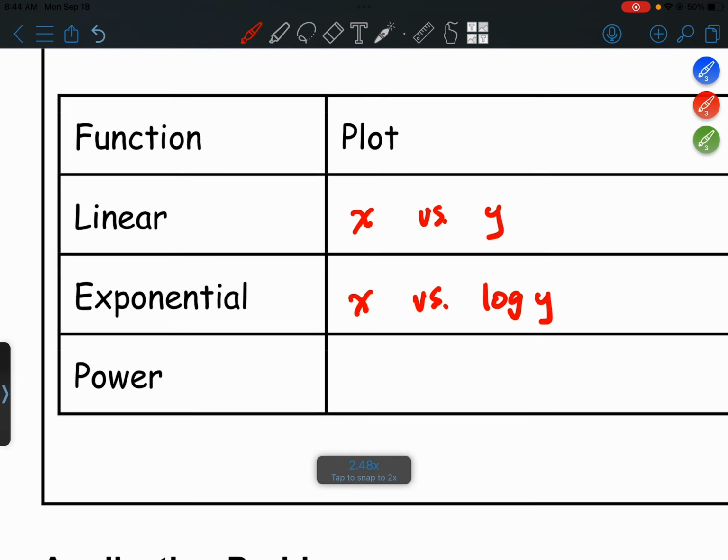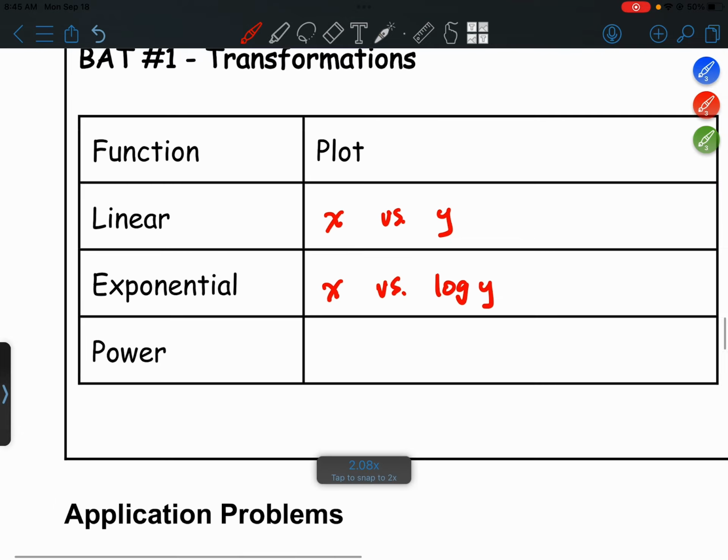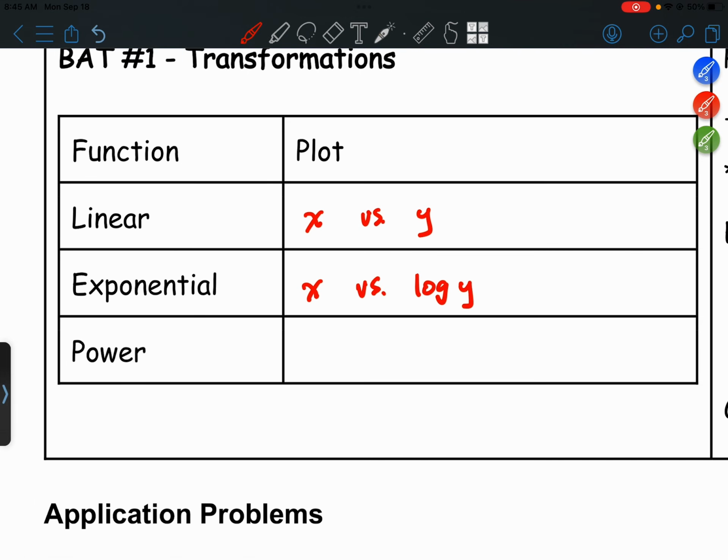The third type of function or form that you might see is that of a power. So something that's a polynomial, so quadratic, cubic, or higher degree polynomial. If your scatter plot has a polynomial form, then you're going to want to transform both variables. So you're going to plot the log of the x values versus the log of the y values.